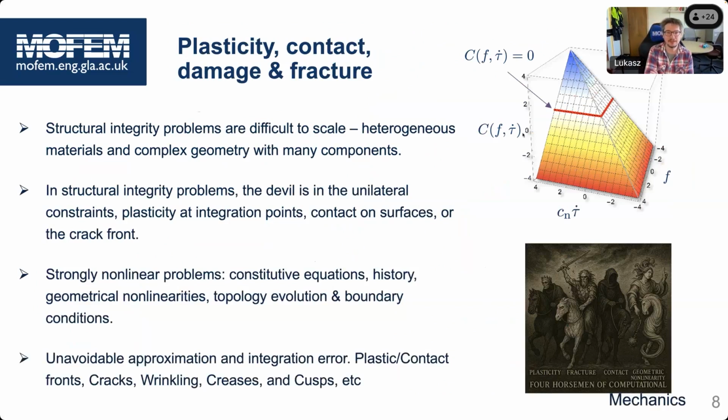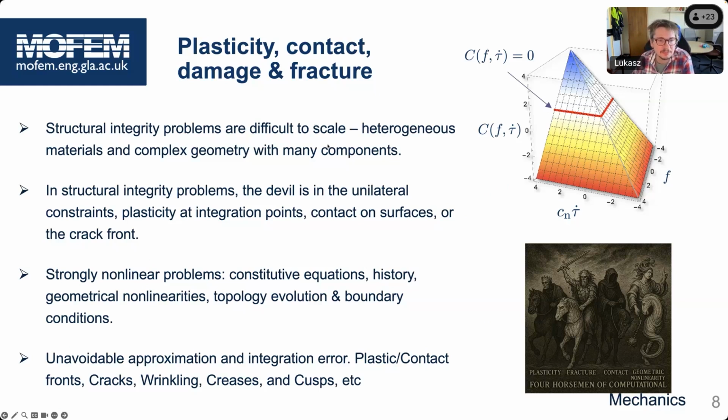They have unilateral constraints, and those unilateral constraints we resolve with a kind of C function, which has this ridge over here, which is the point where we have to choose one of those planes: plastic active process or elastic process, contact or not contact, or crack propagation or no crack propagation. But in every case, we end up with C functions which we have to resolve.